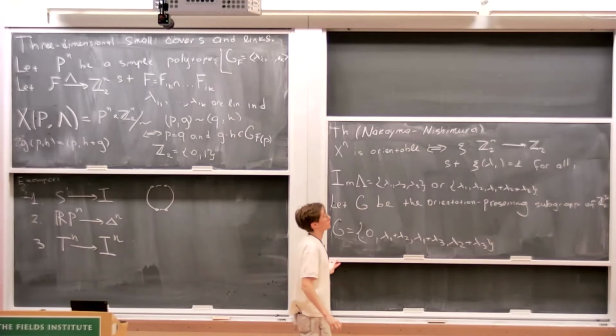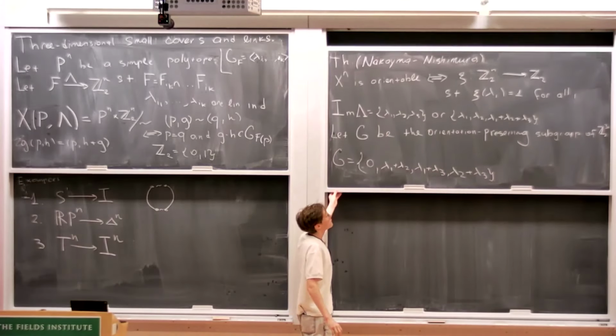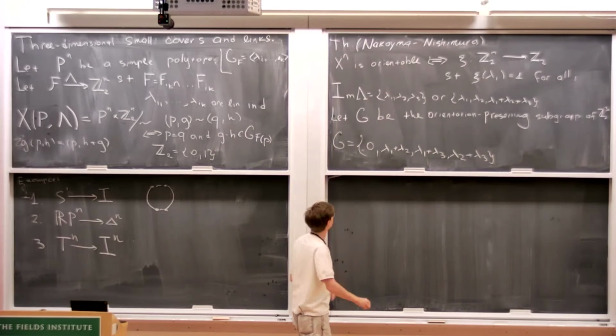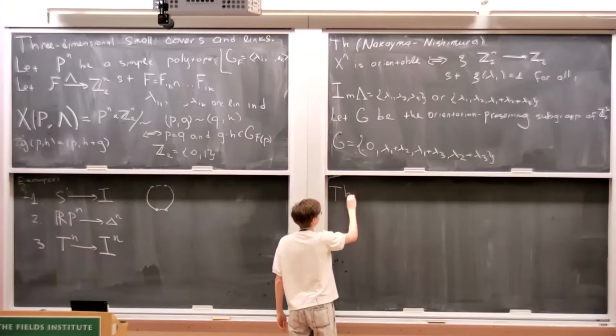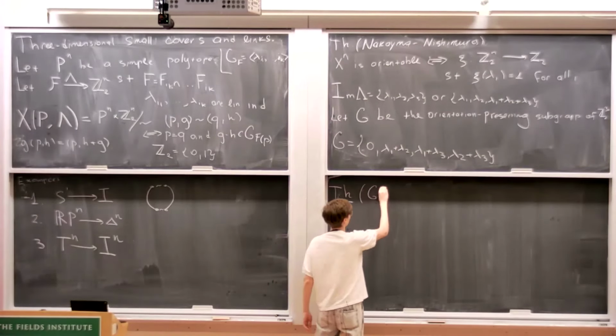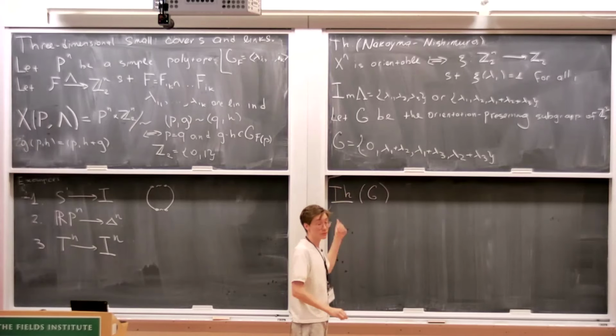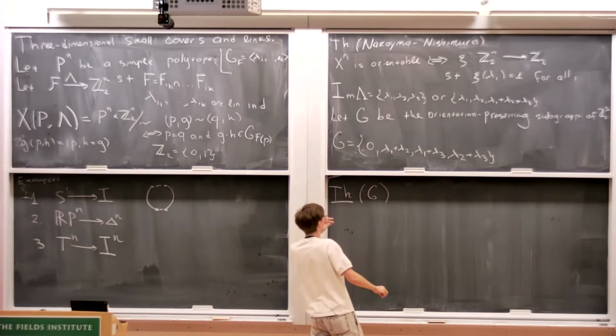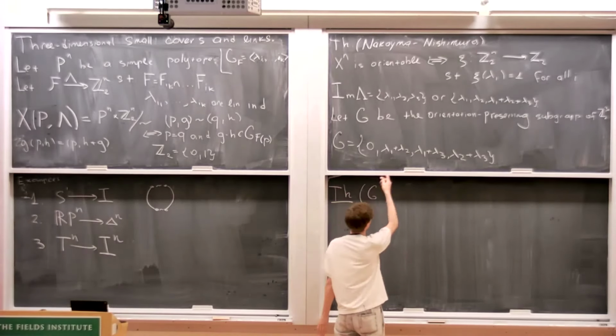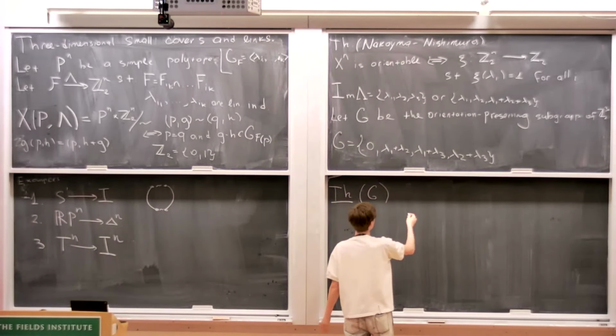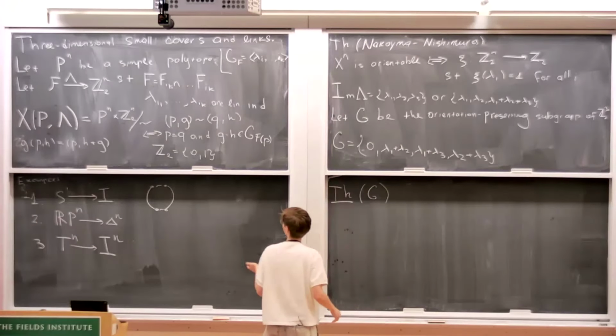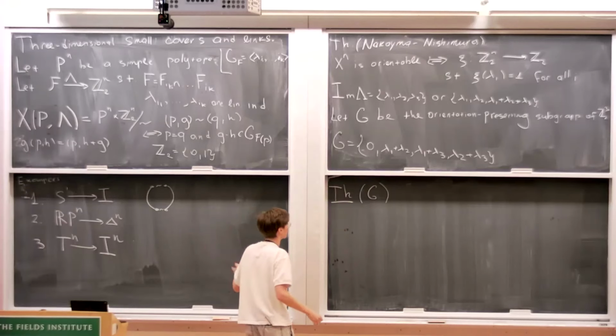So now I can state the first theorem, which we will talk about today. So theorem. Consider any orientation preserving involution on a small cover X, and X is always a three-dimensional orientable small cover in this talk.